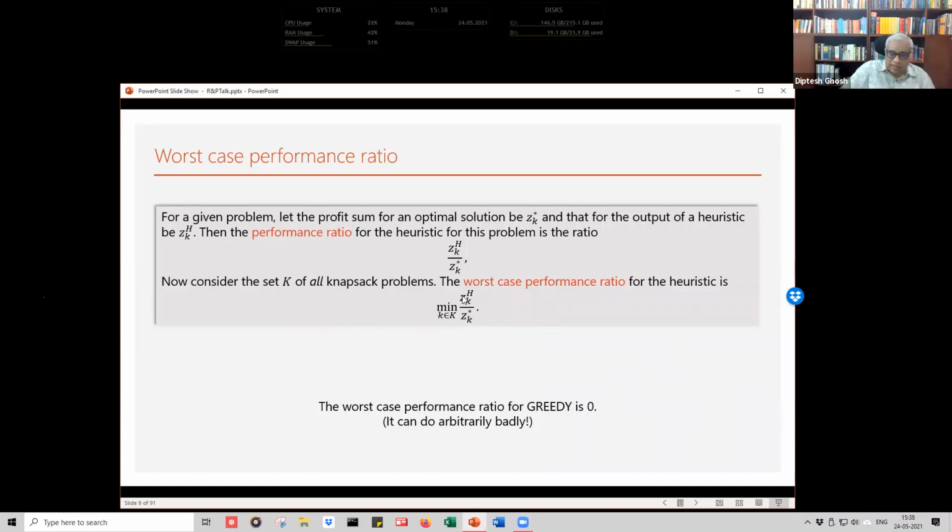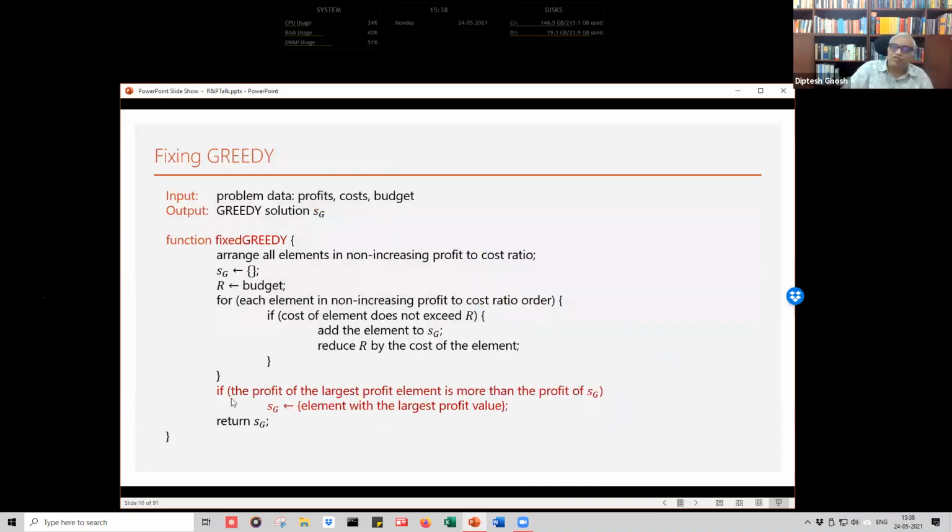Now, since the worst case performance ratio of greedy is very bad, there is a very nice and neat trick which actually solves that issue. I'm not going into details here, but the way to do that is to take the output of the earlier greedy, compare it with the profit of the largest profit element in your problem, and then output the better of the two.